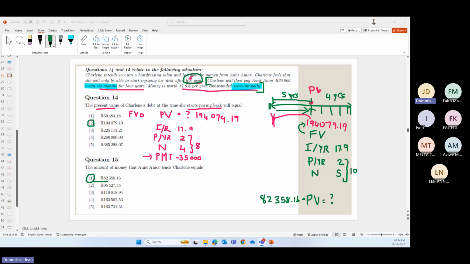I really don't like these questions, so I'm hoping that in your assignments and your mock exam, there weren't questions like this, because if you get question 14 wrong, you automatically get question 15 wrong, because then you would have used a different present value.